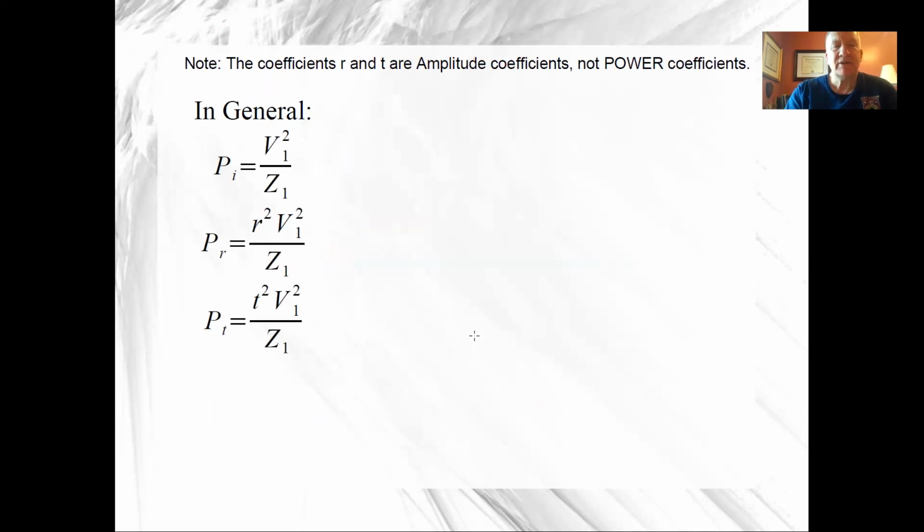In general, the power is equal to the voltage squared over the impedance, and the power of the reflected is the same, however, we have an R squared there. And for the transmitted, we get T squared. I'm sorry, this should be V2 squared over Z2. Oh, and that would be V1 squared over Z1.